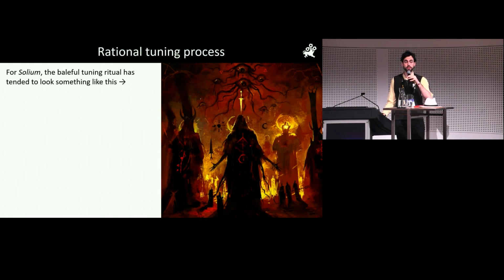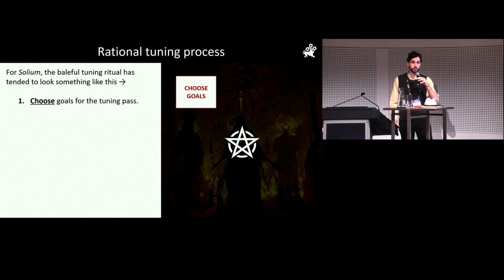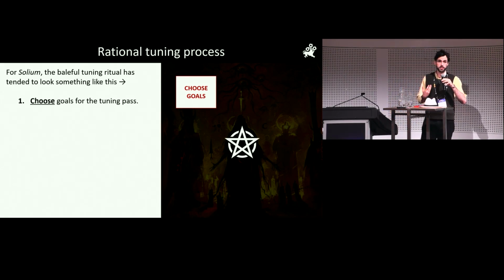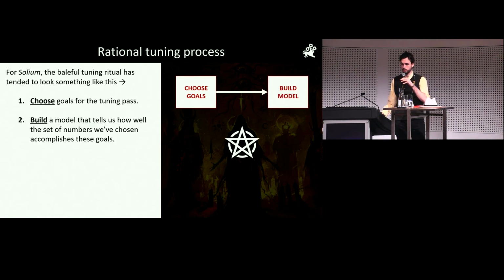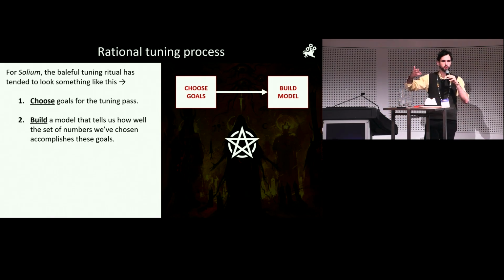The process for using this kind of technique goes as follows, at least this is how we deployed it on Solium. You start off by choosing your goals. A lot of junior designers will skip this step. It's an important one, because if you don't know what you're going for, then you're not going to achieve it. Step number 2 is building some kind of model. Basically, the model is some kind of mathematical formula that tells you how well you've accomplished your goal.